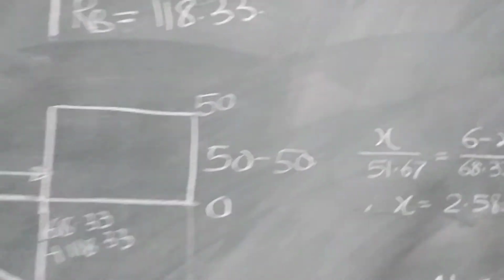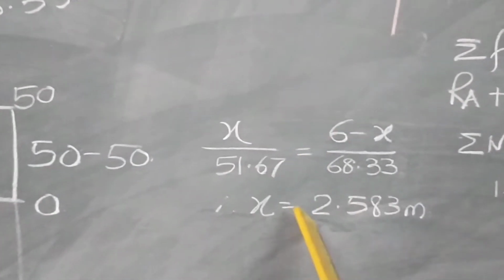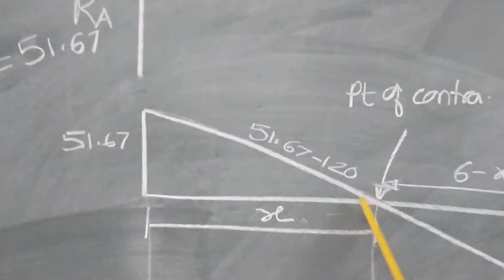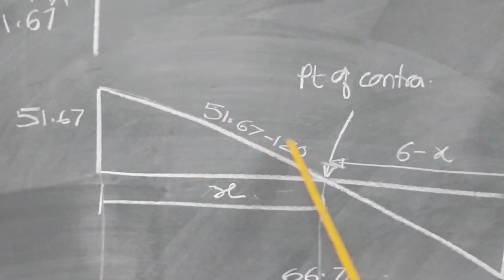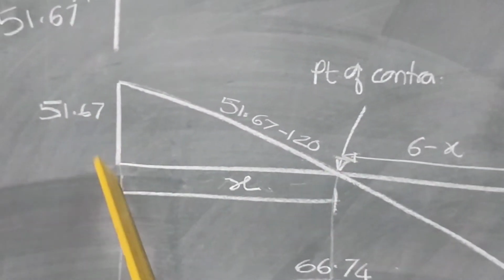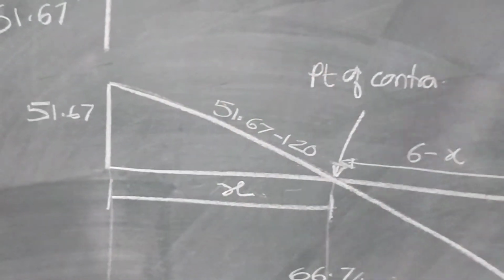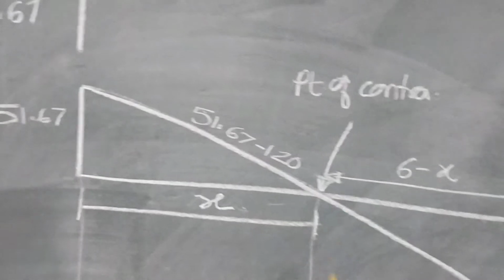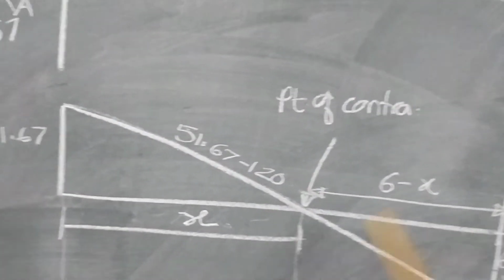Using similarity of triangles, we get x is equal to 2.583 meter. That means this point lies 2.583 from point A. This is nothing but point of contraflexure. At this point, you will get maximum bending moment.